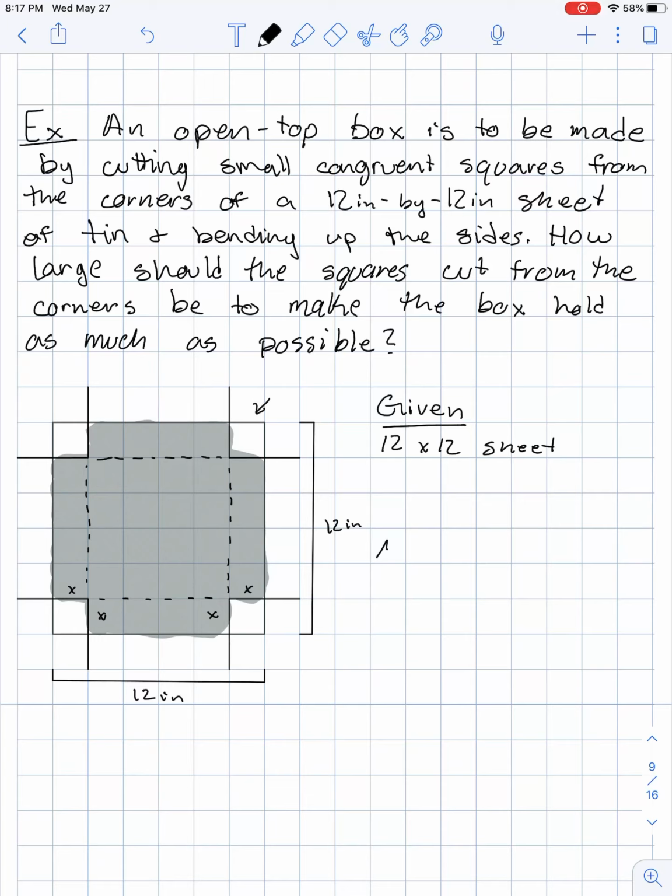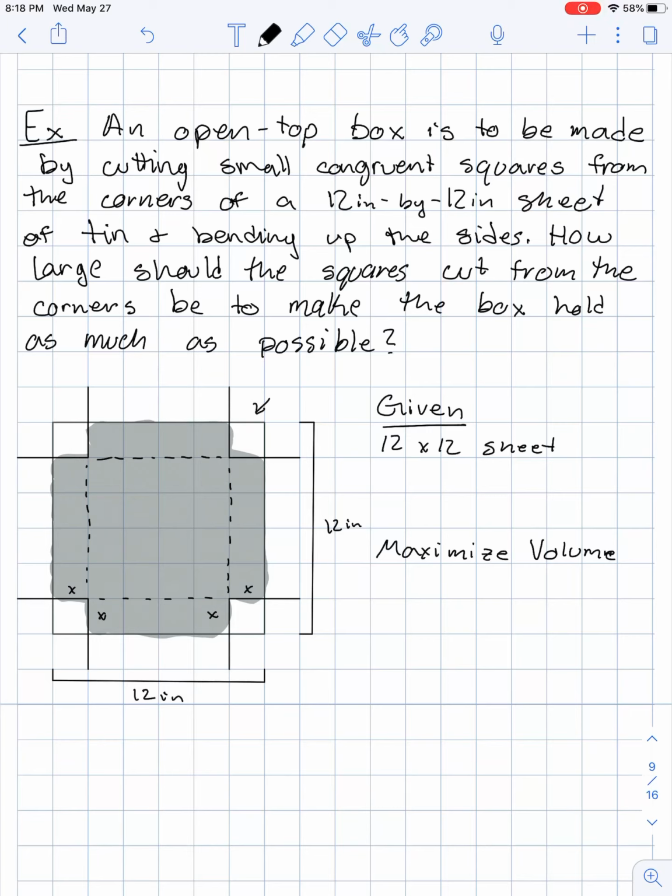And I want to maximize the volume. So note that volume and surface area go together, and perimeter and area go together if I'm talking about something that's 2D or 3D.